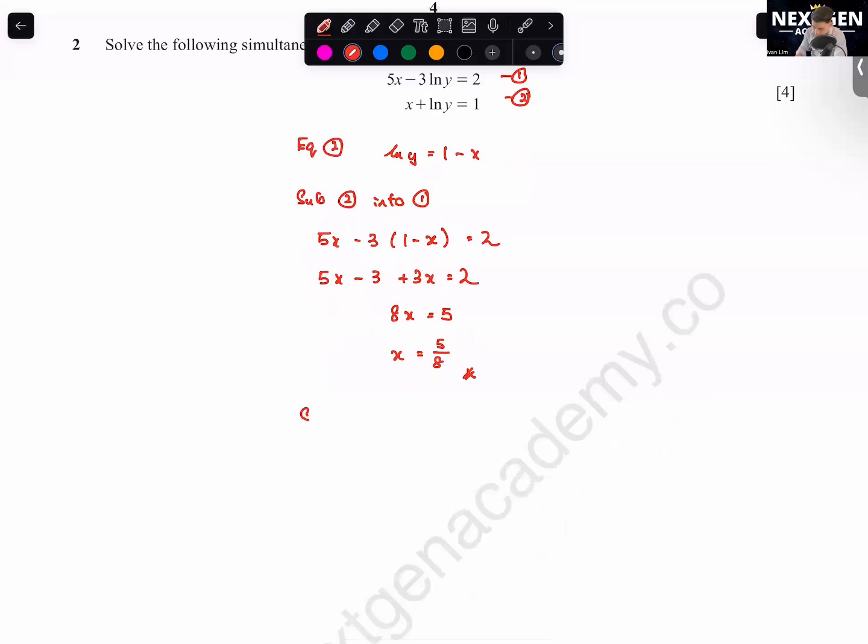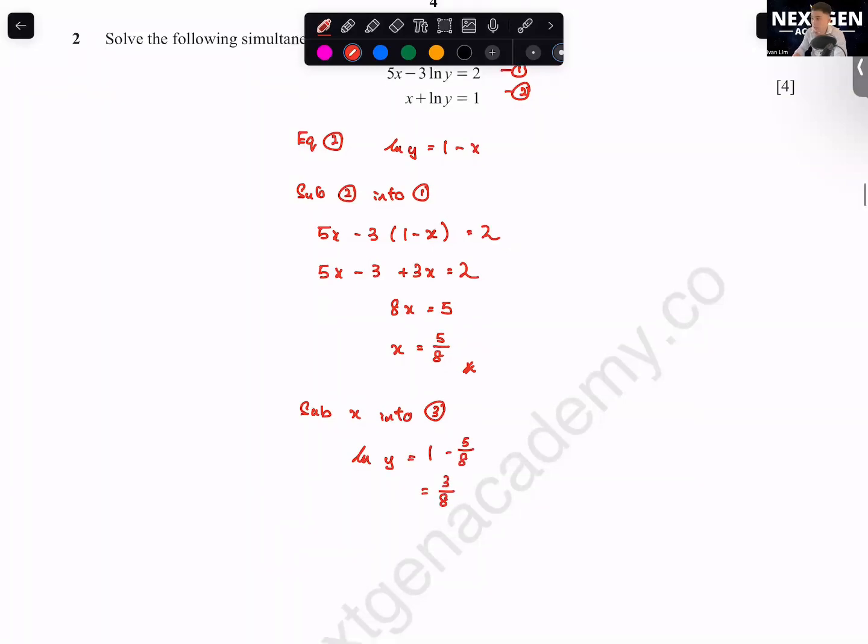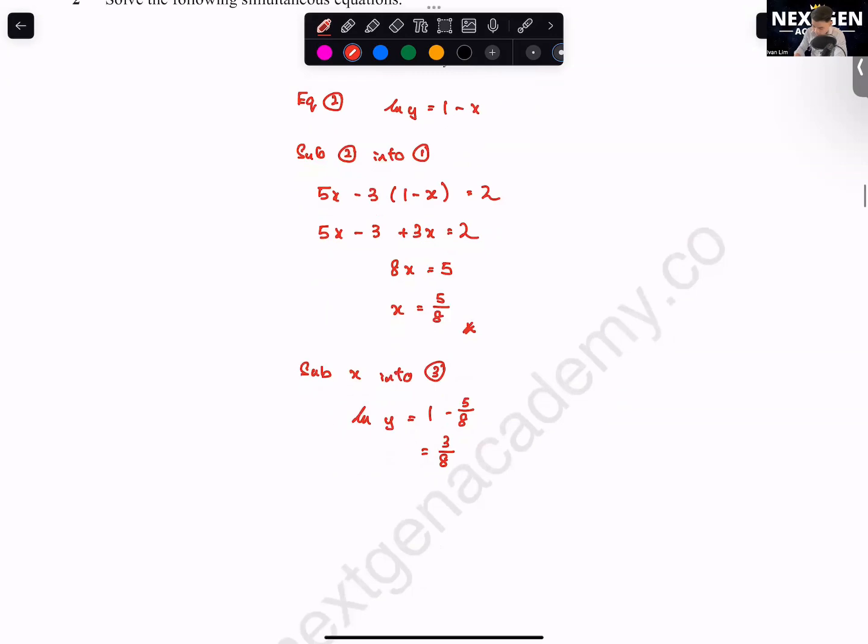Then we substitute x into, which one do you want to substitute into? Let's substitute into equation 3. ln y is already the subject. So ln y equals 1 minus 5 over 8. This one will be 3 over 8. Then I invert ln, it will be e to the power of 3 over 8.